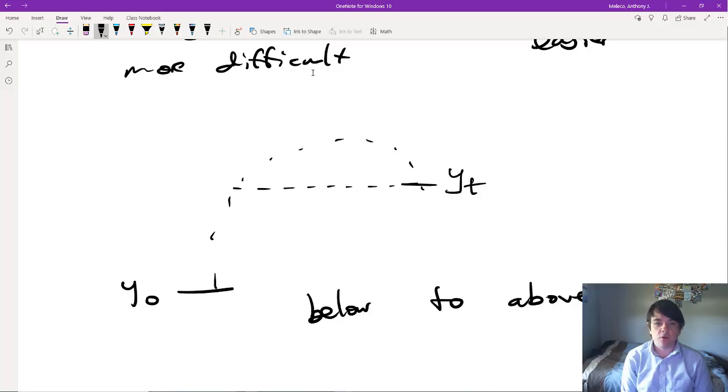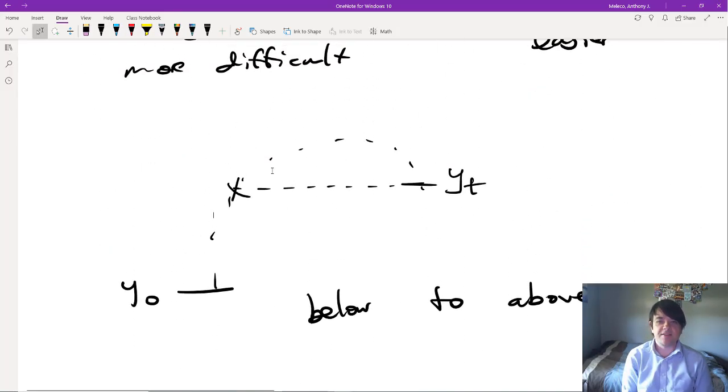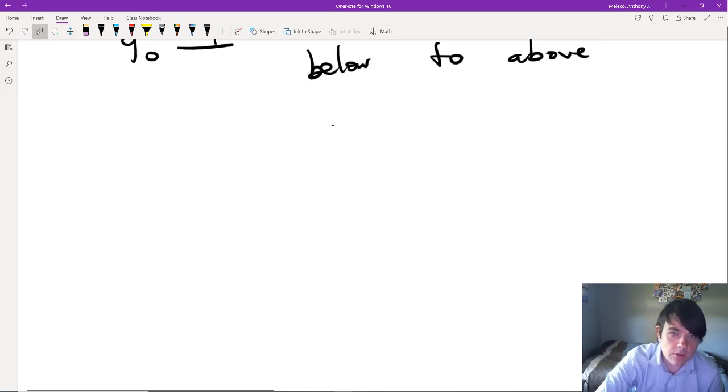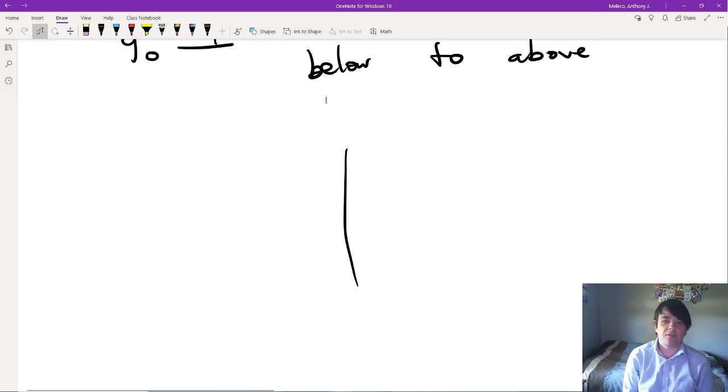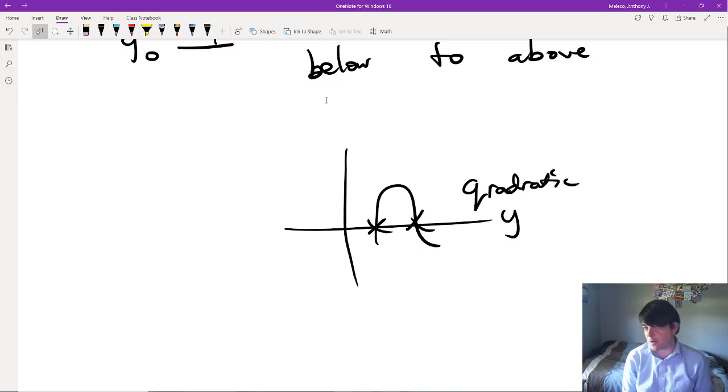And if you notice with this trajectory, and this happened up here as well, you cross the same y twice. And if you remember some stuff about graphing, you have a function that does this on the y. This is a quadratic, right? That's what a quadratic means. It means there's 2 solutions to your problem.